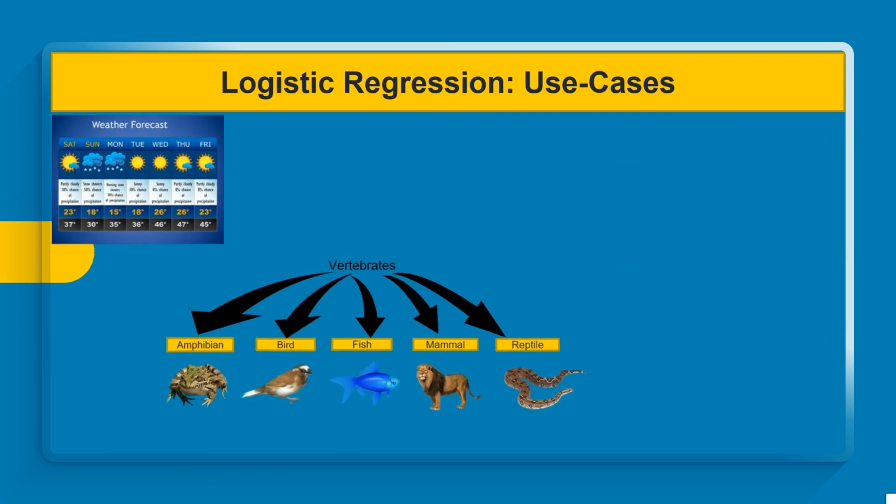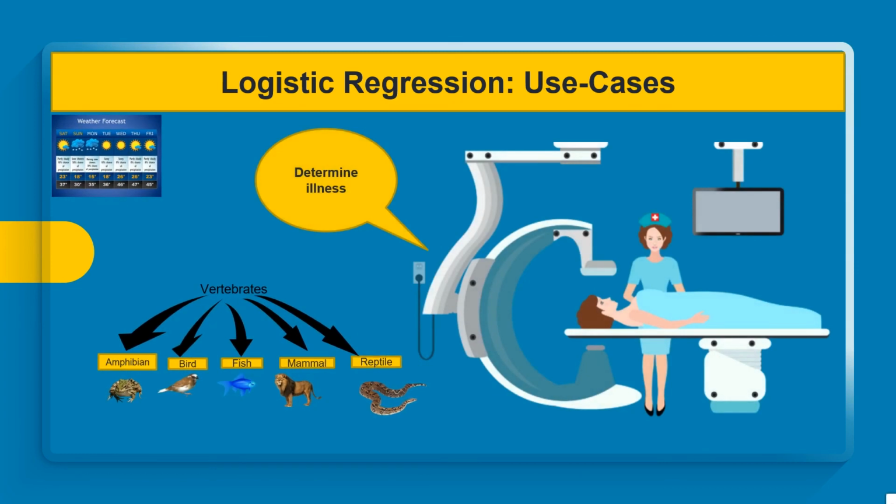Next, it also helps you to determine illness. Let me take an example. Let's say a patient goes for a routine checkup in a hospital. The doctor will perform various tests on the patient and check whether the patient is actually ill or not. So what will the features be? The doctor can check the sugar level, the blood pressure, the age of the patient, whether it is a very young or an old person, and the previous medical history of the patient.